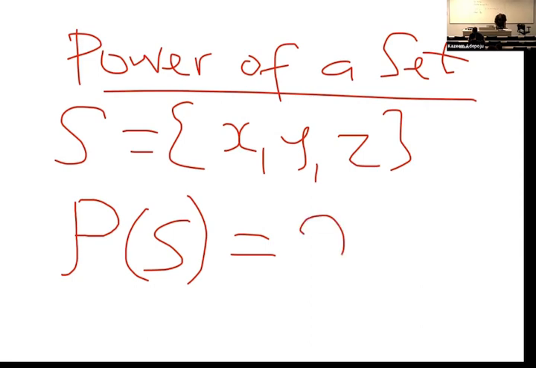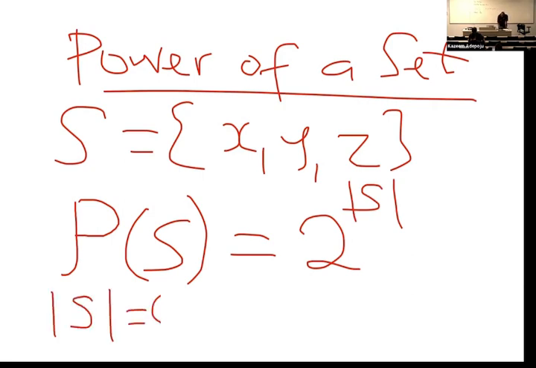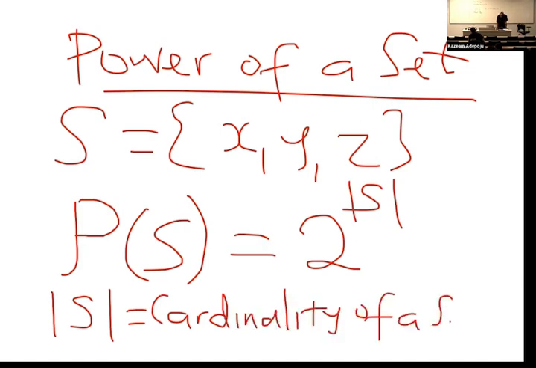It is 2 raised to the power of the cardinality of the set. We call that cardinality. The cardinality of a set is just the number of elements in a set. How many elements do we have in that set? We have 3, right? The cardinality equals 3.